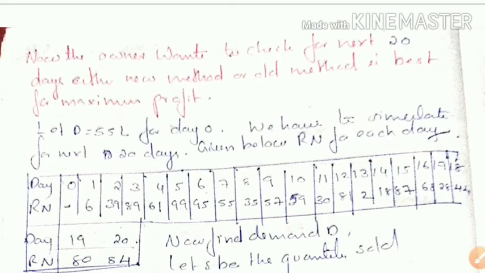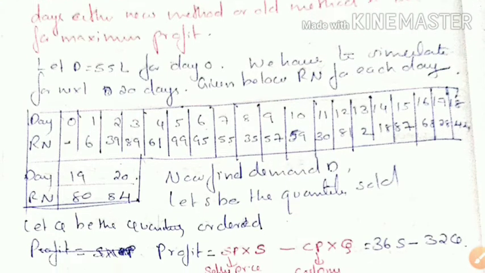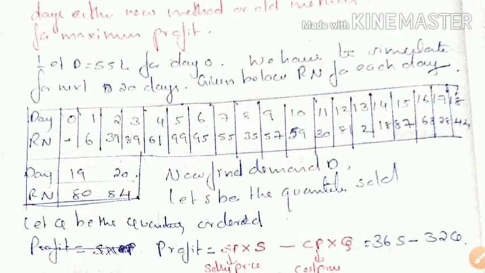Now the owner wants to check for the next 20 days, either using the new method or the old method, which method is best for maximum profit. In the question itself we will be given the random number for each day.